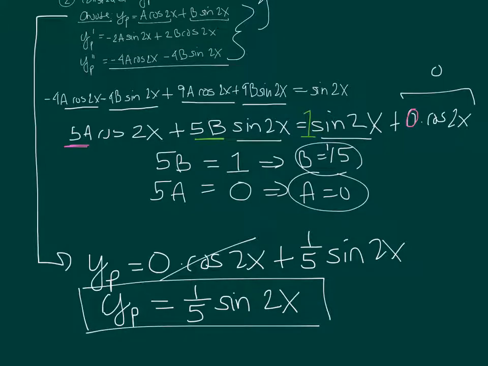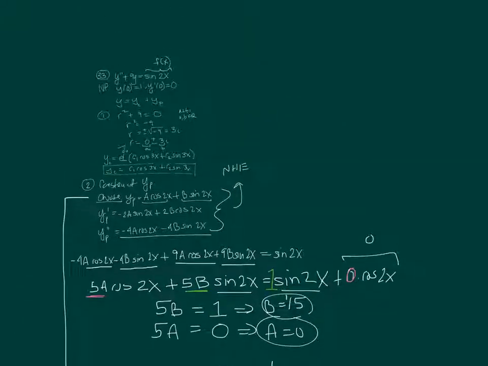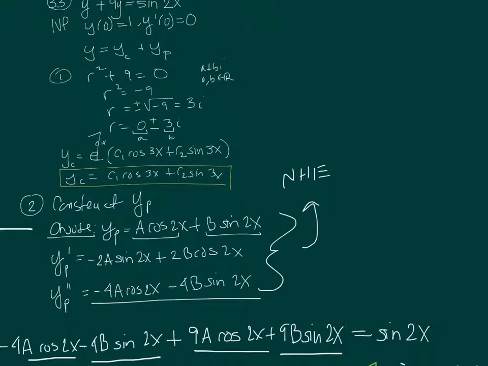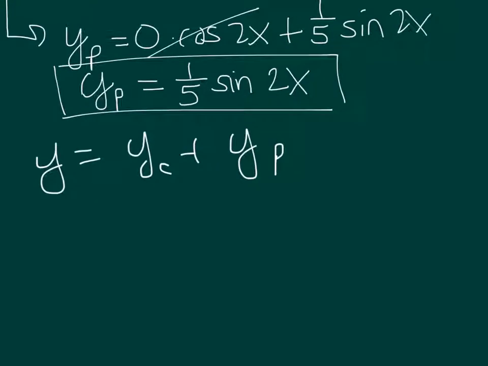So again, all we have to do, usually I think I called it step 3 in our previous examples, is yc plus yp. And yc, I believe, was my yellow: c1 cosine 3x plus c2 sine 3x.